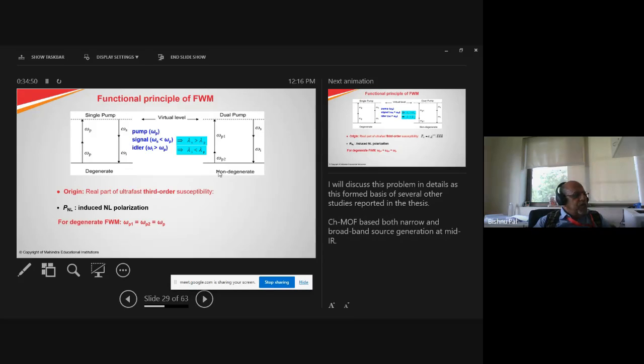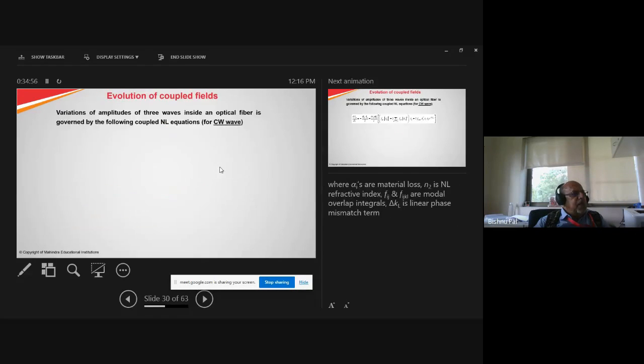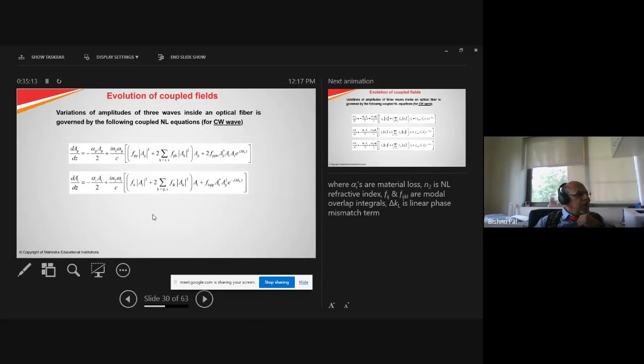For degenerate four-wave mixing, ωP and ω2P are the same. We won't go into the details, but these are described in Govind Agrawal's book on nonlinear fiber optics. We study the evolution of the pump amplitude with propagation, followed by the evolution of the idler and of the signal with propagation.